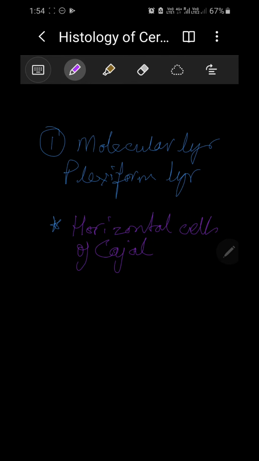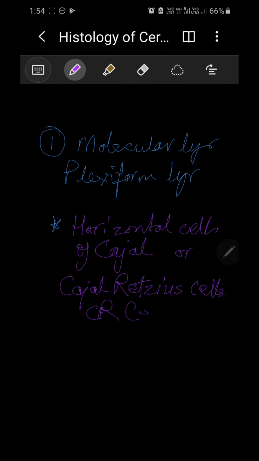Otherwise, they have a different name also, Cajal Retzius cells, or CR cells. These are also called CR cells.